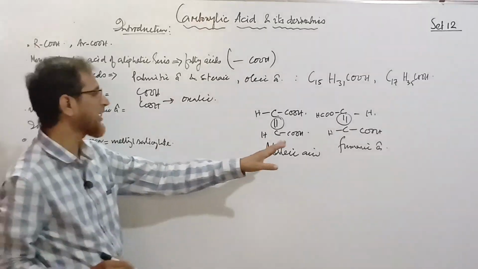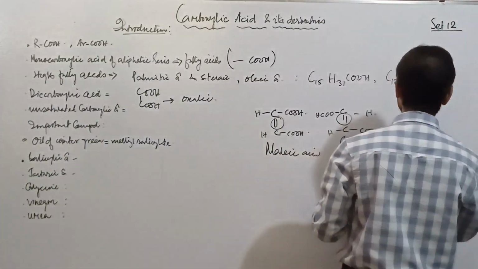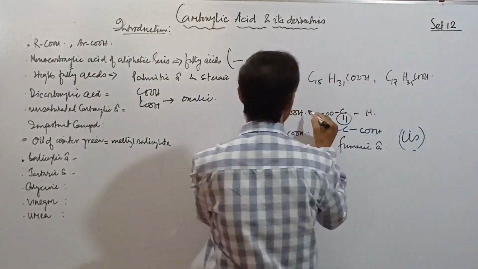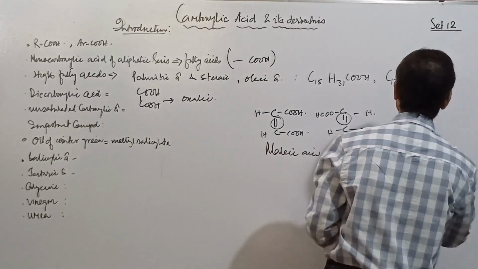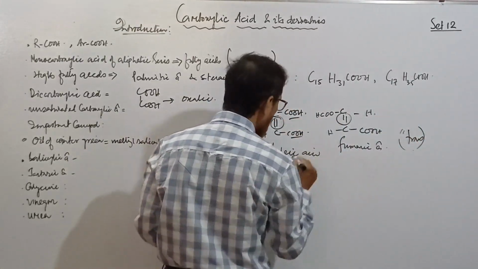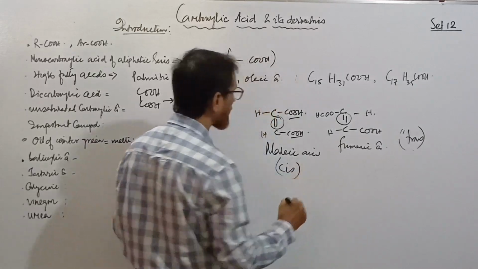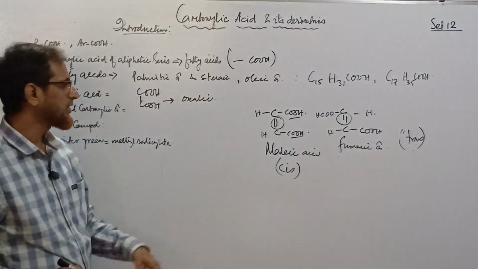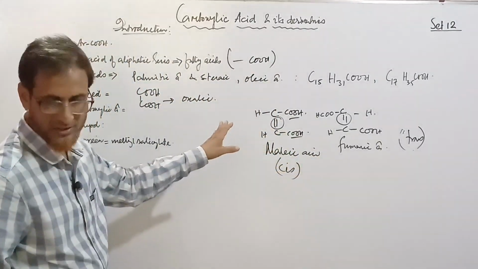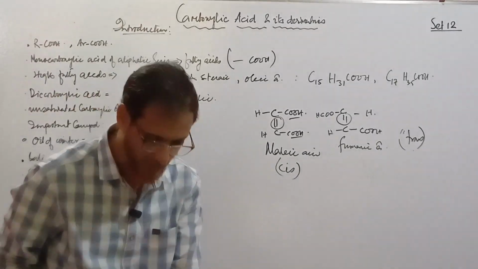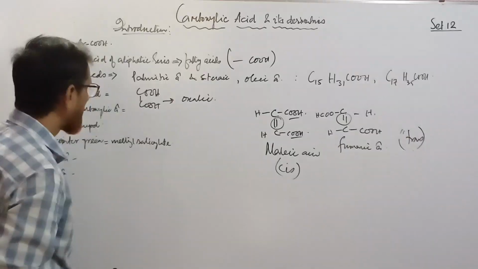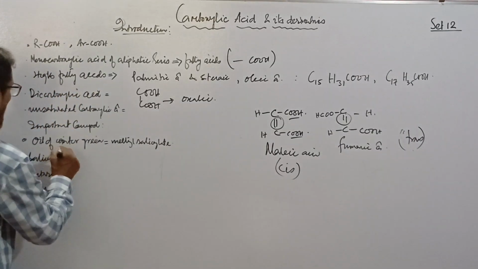Fumaric acid has the COOH groups in trans position, and in maleic acid they are on the same side, in cis position. Some entrance exams sometimes ask this question, which is why I have told you the unsaturated carboxylic acids are fumaric acid and maleic acid.